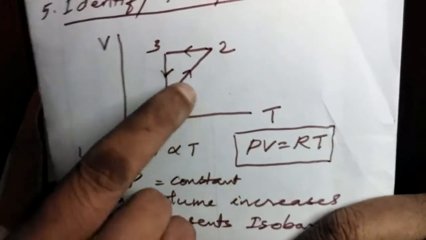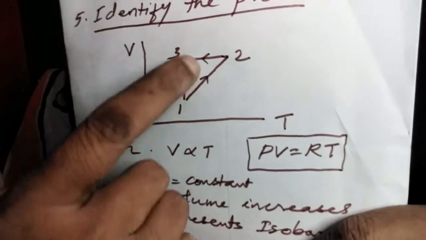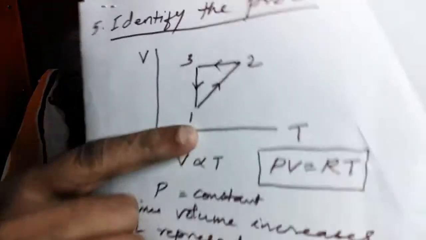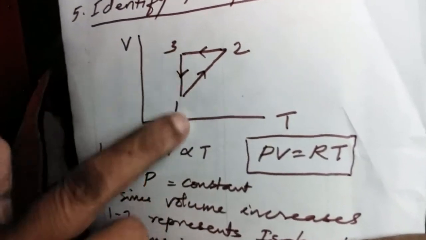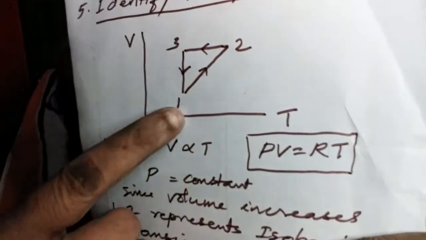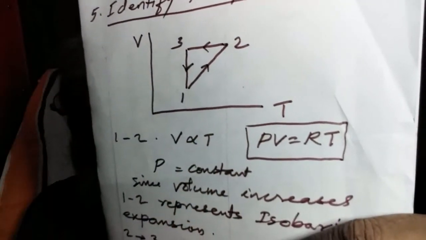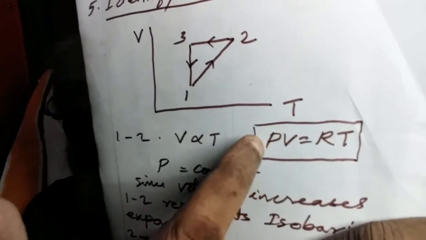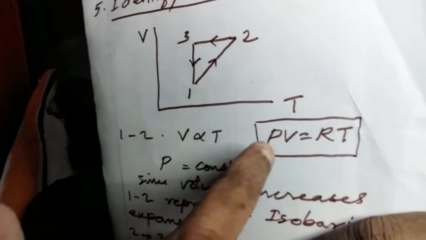Now, the general equation of a gas is PV equals RT. Now, 1 to 2. This is a straight line. That means V is proportional to T. If V is proportional to T, P must be a constant. R is always a constant.